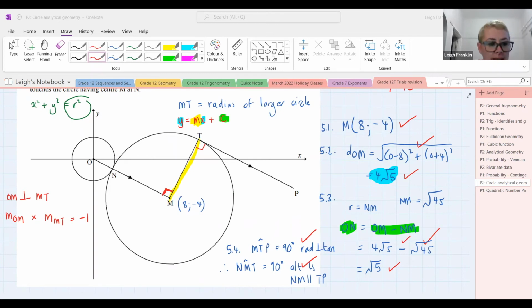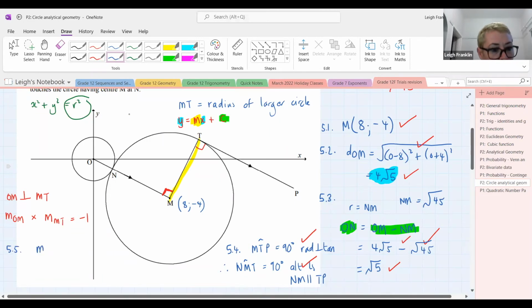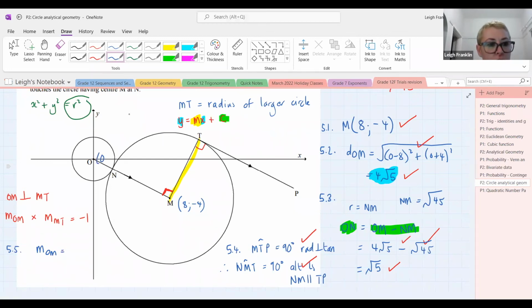So in 5.5, we have to work out the gradient of OM using the gradient formula. Remember the coordinates of the origin are 0 and 0. So the change in y, that would be 0 plus 4 over 0 minus 8, which gives us minus 1 over 2.